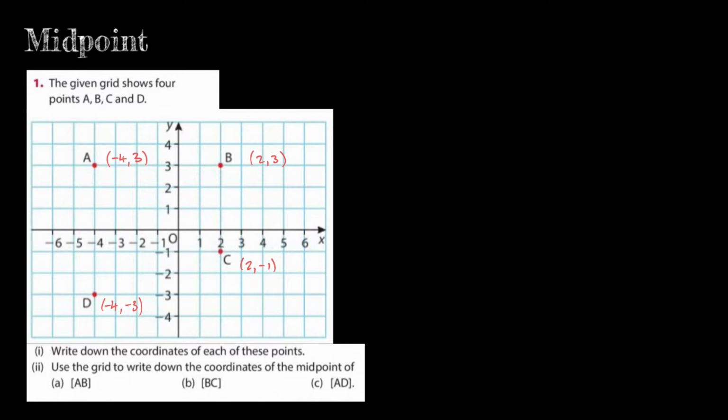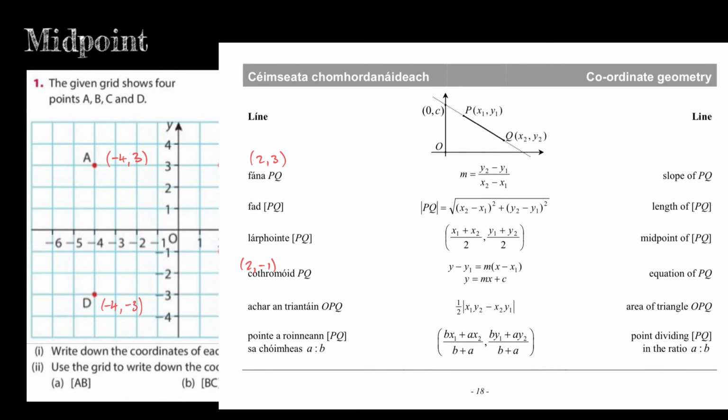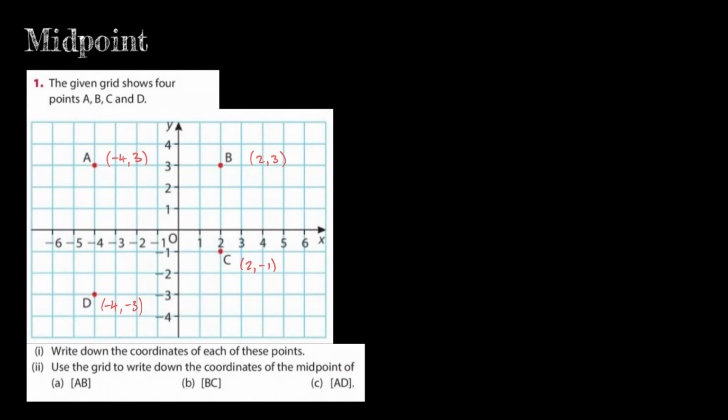But we need to be able to prove that, and we're going to have to prove that using the formula from the log tables. You can see there that the formula is the midpoint is equal to your two x values added together divided by 2, and your two y values added together and divided by 2. So let's fill that in.